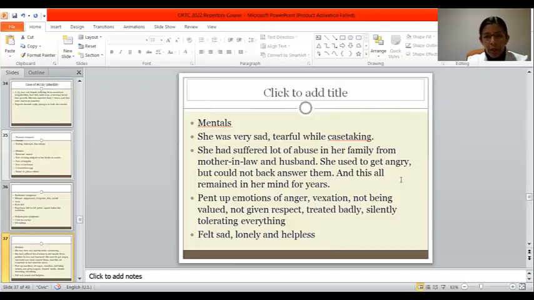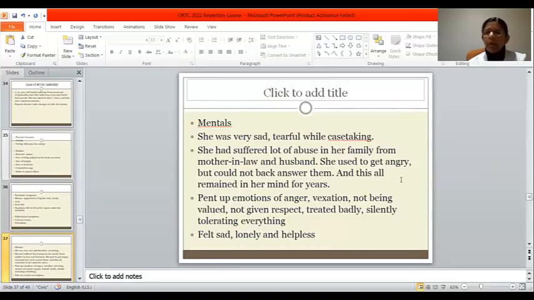It is the typical scenario which we see in the mother-in-law and daughter-in-law relationship. So she used to get angry, but she could not answer them back. She was not a person who would give back answers.